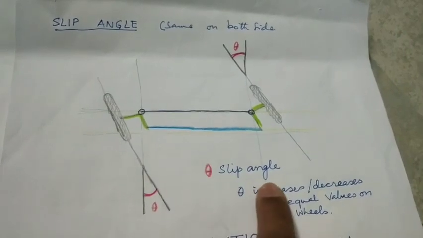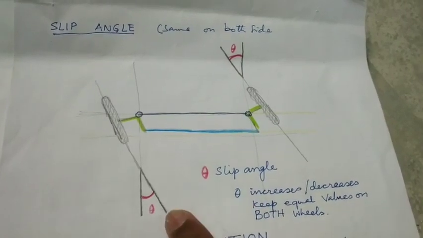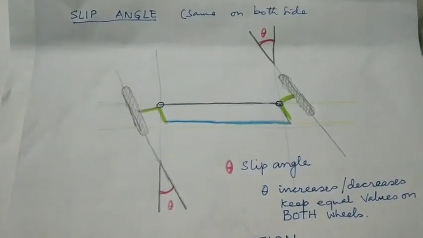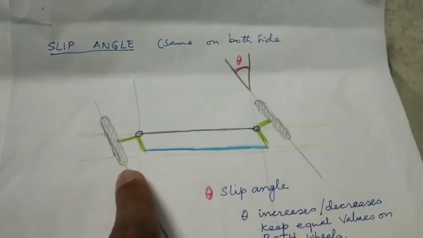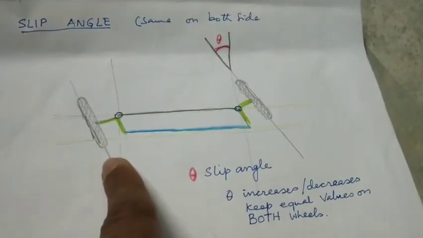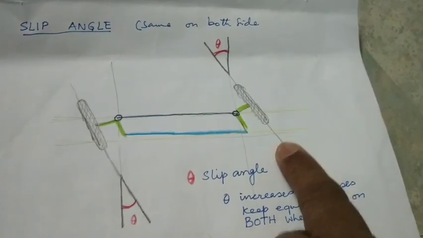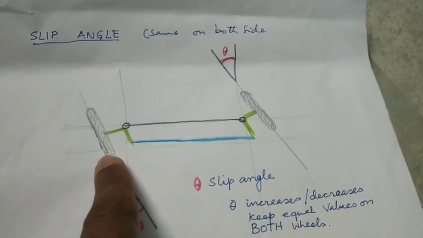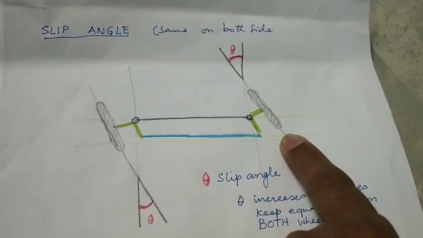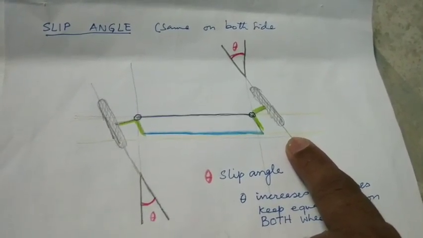This angle is known as slip angle, and the slip angle in the case of the 4-bar mechanism is the same, and it should not be the same, because when the vehicle is turning towards the left hand side, this wheel and this wheel will have different RPM. This wheel will have a lesser amount of RPM, and this wheel should have a larger amount of RPM while the vehicle is moving at a certain RPM.